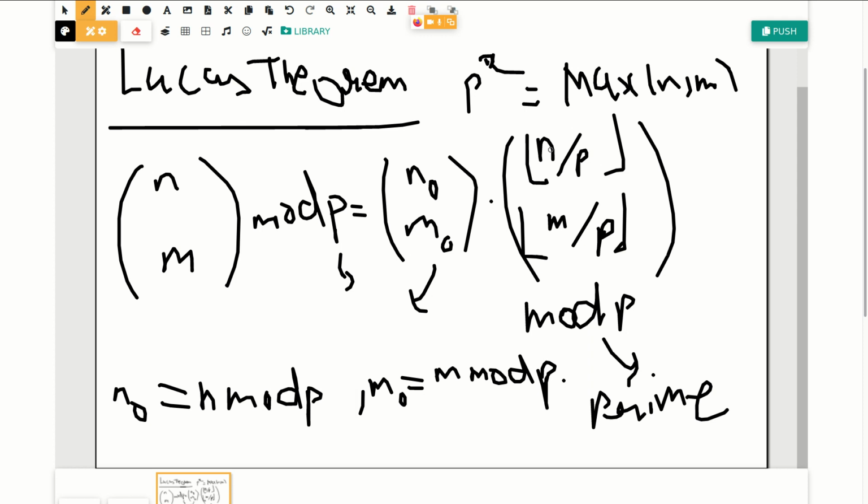For the recursion. So the time it would take to reach 1 or 0 would be P to the power X is equal to the maximum of N comma M, and your X would come out to be log of max of N comma M base P. Okay, yeah, right. Got it.